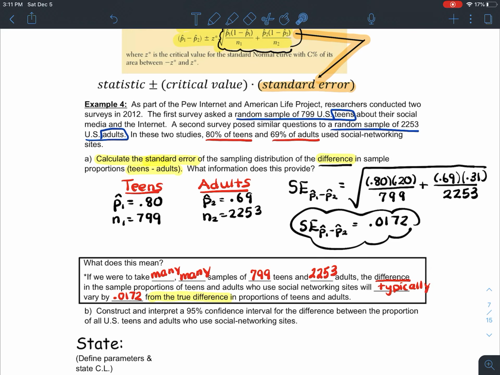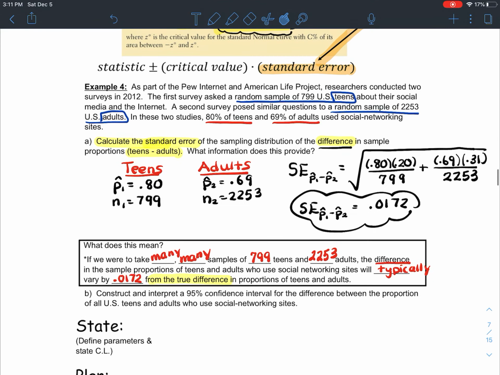Look what it's varying from the true difference in the proportions of teens and adults. So this is how much we're typically expected to be off here when we draw out samples from what the actual true difference is in the two parameters here.